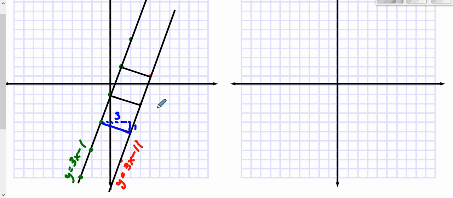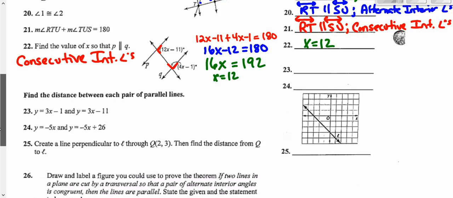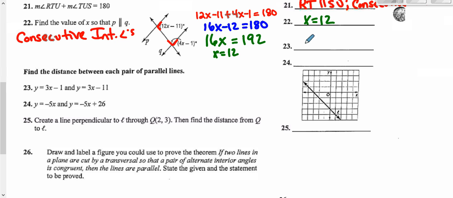So I'll have 1 squared plus 3 squared equals, and I'll just use x squared. I get 1, because 1 times 1 is 1, plus 9 equals x squared. And then I have 10 equals x squared, and we'll square root that. So x is equal to the square root of 10, and so that is your final answer. Let's go back and put that in. So number 23, square root of 10.